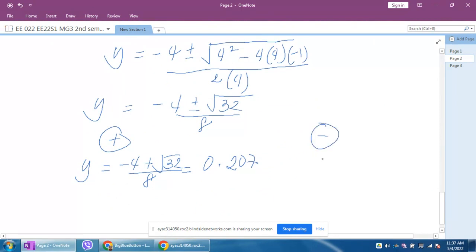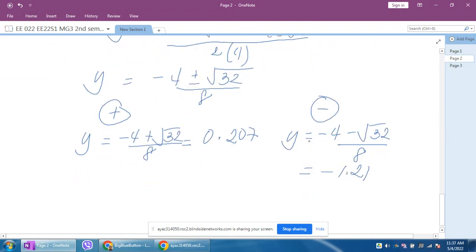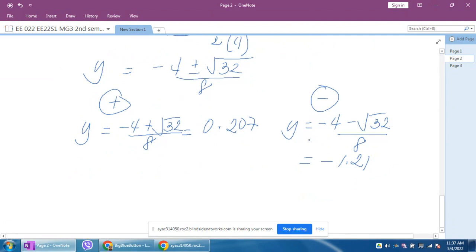If you take negative, you will have y equal to negative 4 minus square root of 32 all over 8. So, ang makukuha mo po dito is a negative value, negative 1.21. So, i-discard na po natin yung negative.